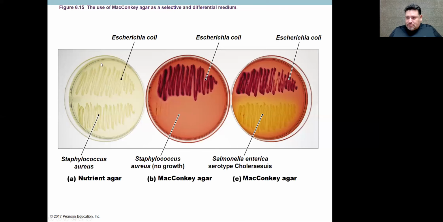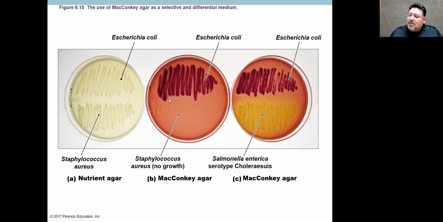Over here, we have a nutrient agar plate, and we plated both organisms here, and this is a positive control. This is allowing us to assess if the absence of this Staphylococcus aureus is due to the selectivity of the MacConkey agar or because we made a mistake.